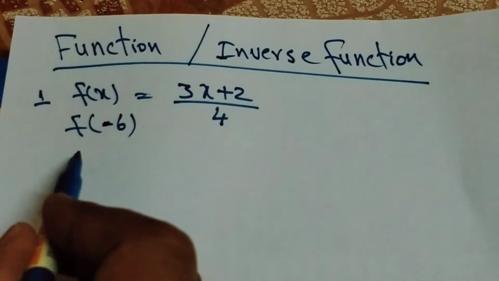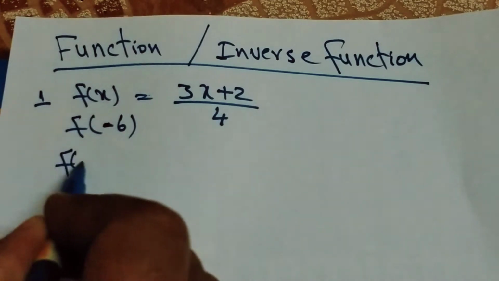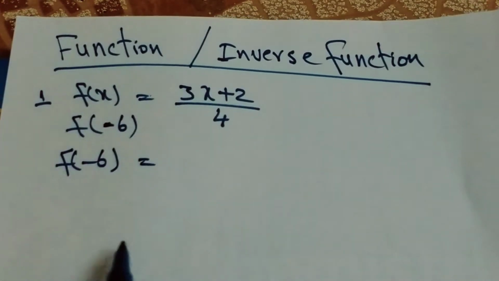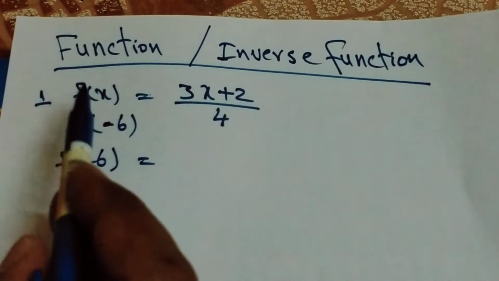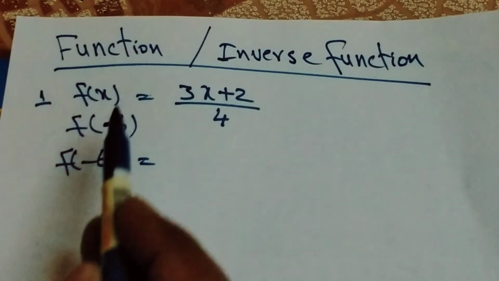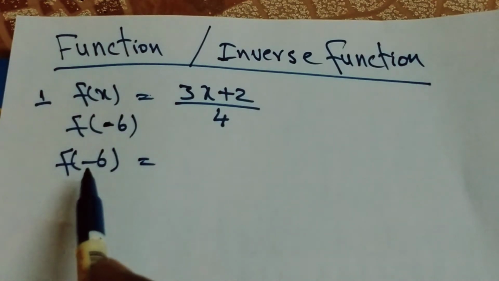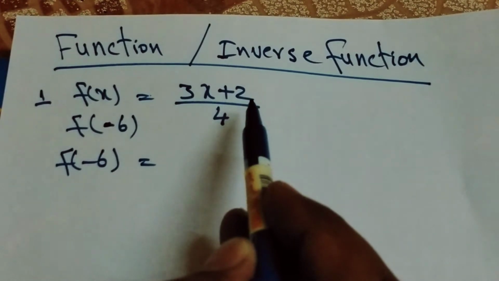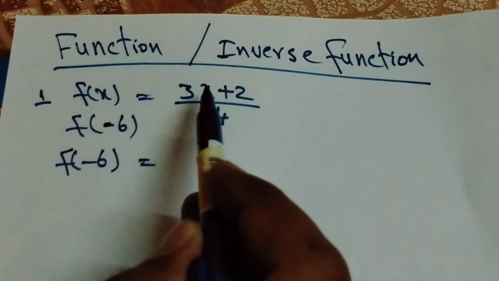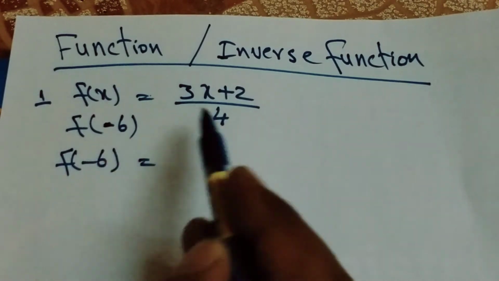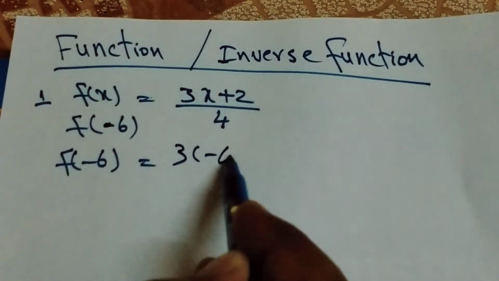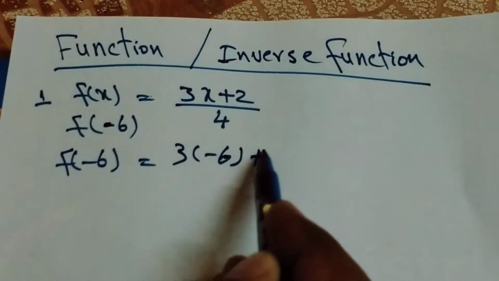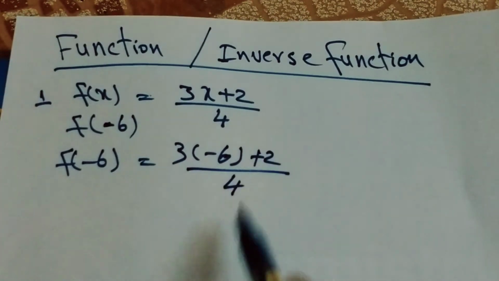Let's start solving f of minus 6. What does it mean? At the place of x we will write minus 6. In the function, anywhere you will see there is x, put minus 6. So 3 into minus 6 plus 2 over 4.